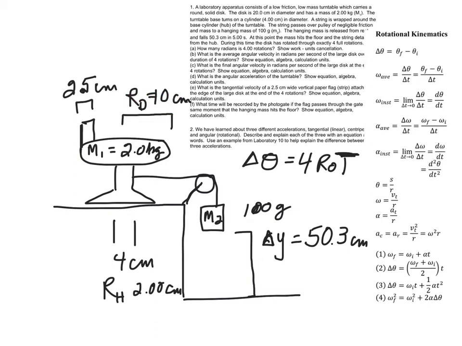So I put the radius of the disk. And I showed the diameter of the hub. That's also important. That's 4 centimeters, but the radius of the hub is 2 centimeters. So this value for the radius of the hub, this value for the radius of the disk, and this value for the width of the flag, a lot of those numbers you confused using the diameter or the wrong number.